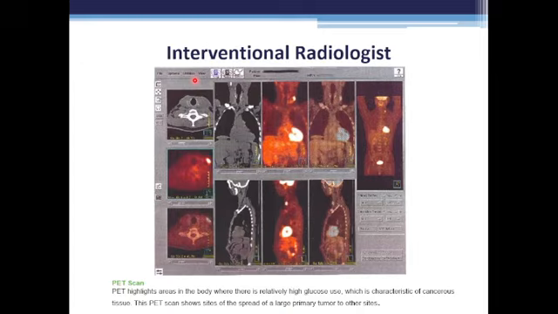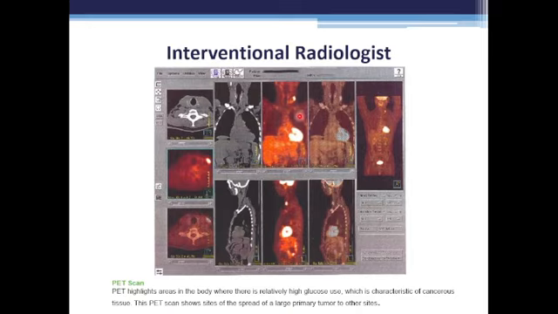This is why we can see on a PET scan how the different functions of our body work. So take note of this.